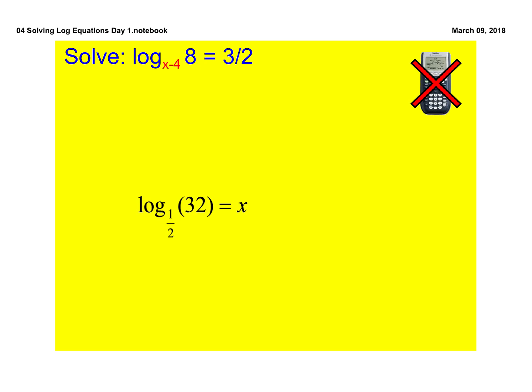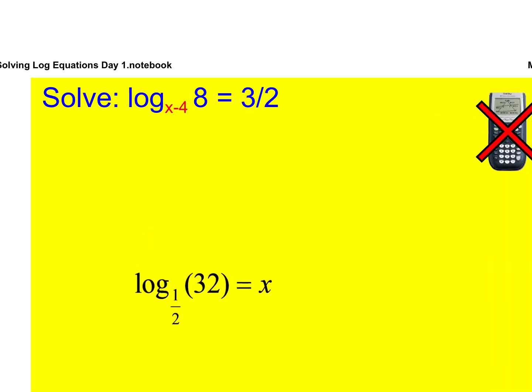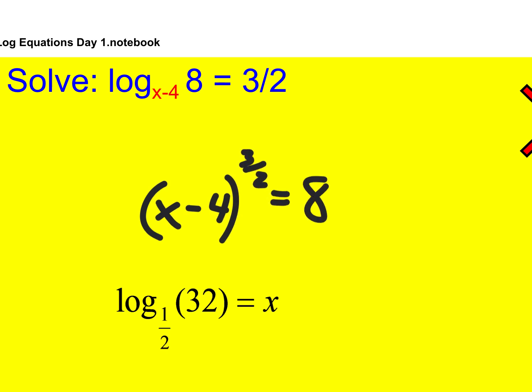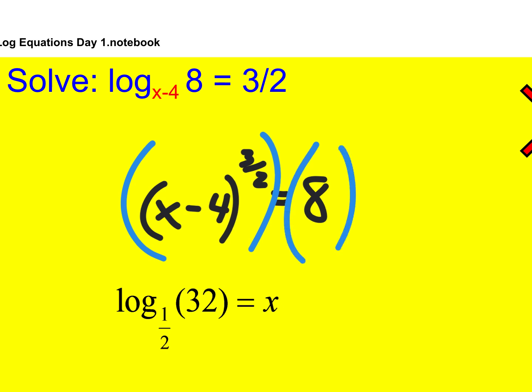So Tate, can you rewrite this one with the red x minus 4 as the base? X minus 4 is 3/2 to the power. To the power of 3/2 equals? 8. Good, and then I'm going to put it to the power of? 2/3. Is that the kind that's going to cause 2 answers? No. No?